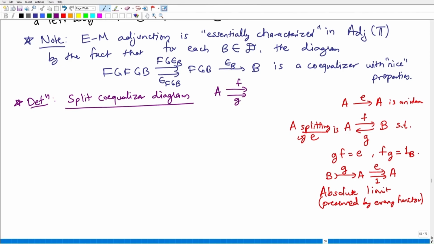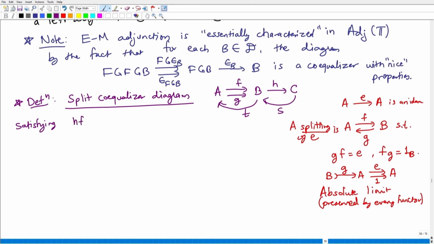There is F, there is G, then there is B, and this H. We are not even going to claim anything yet. I just have lot of maps, T and S. So this is any such diagram satisfying some equations.